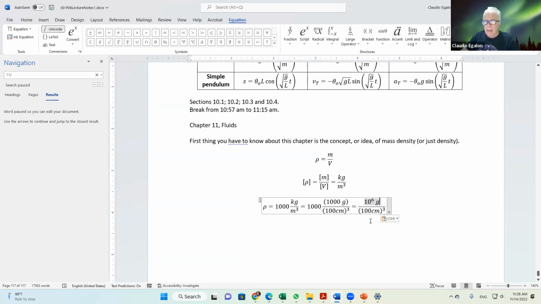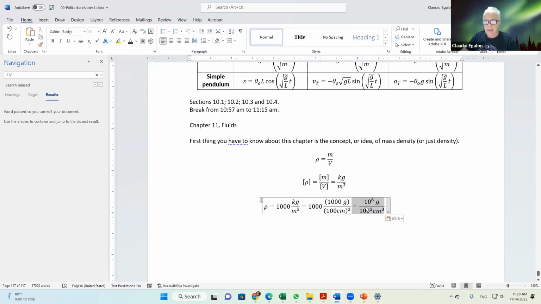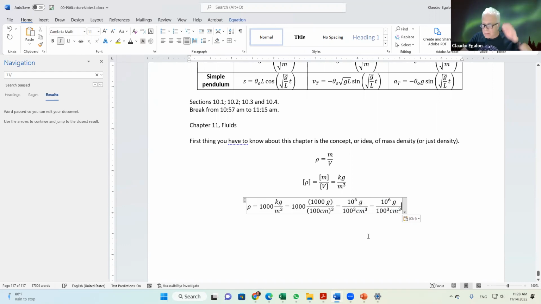Here we are going to have 100 raised to the cube and centimeter raised to the cube as well. And I no longer need that cube outside the parentheses. But 100 raised to the cube is in reality 10 to the 6th power.